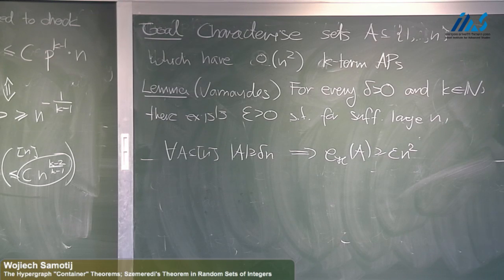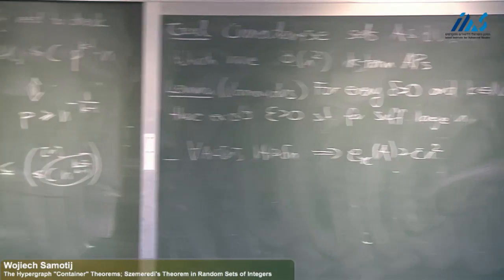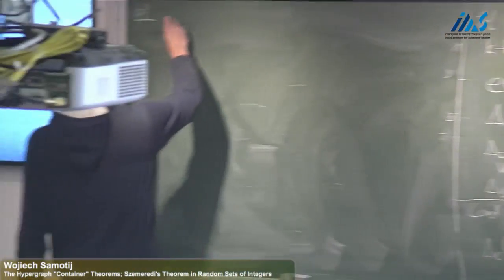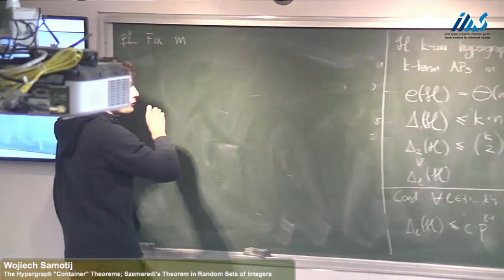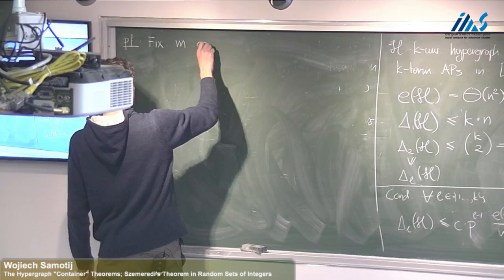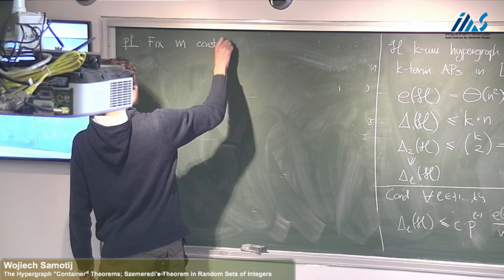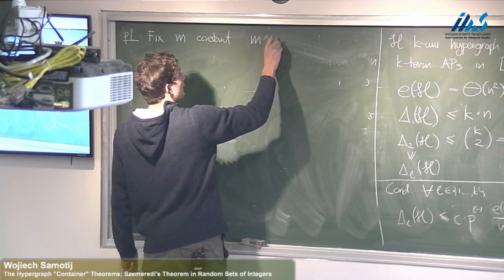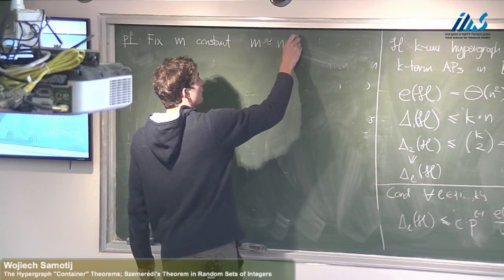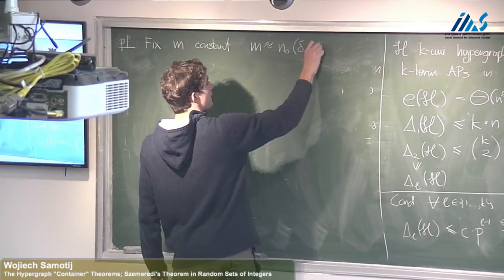Okay, so let's prove it. The proof actually is not so difficult. So here we will fix some m, which is a constant, and m is around n0 of delta, k.